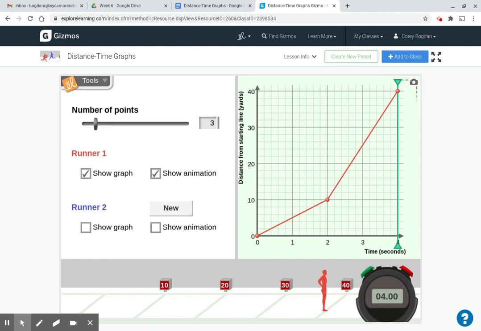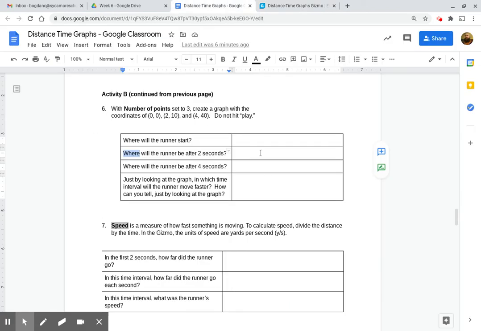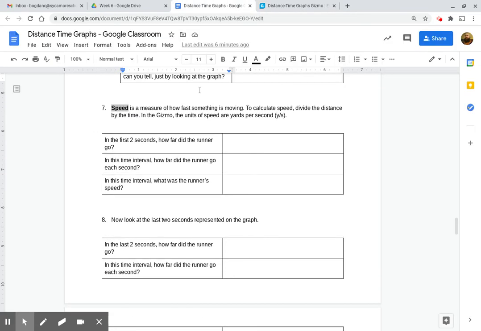I can tell by how steep the line is. I can use numbers. In the first time interval, they only go 10 yards. In the second time interval, they go from the 10 to the 40, which is 30 yards. So in 2 seconds, 10 yards, or 2 seconds, 30 yards, it's pretty easy to figure out in which time interval they're moving faster.